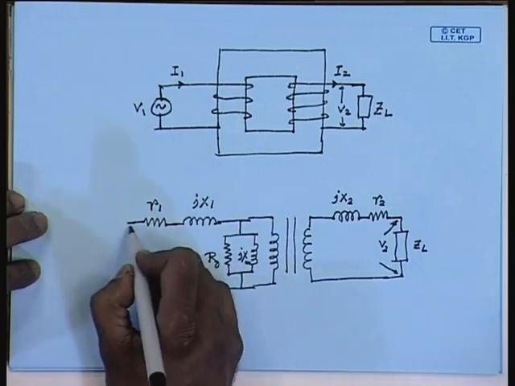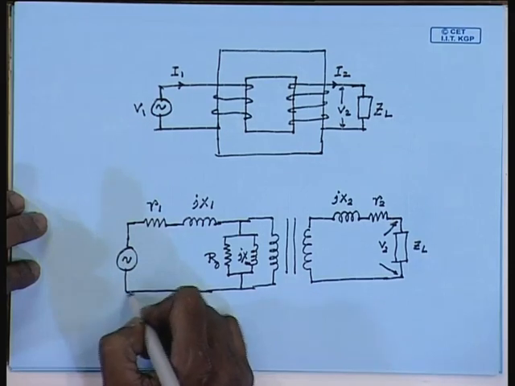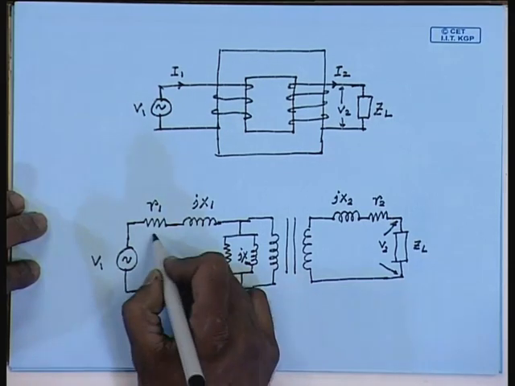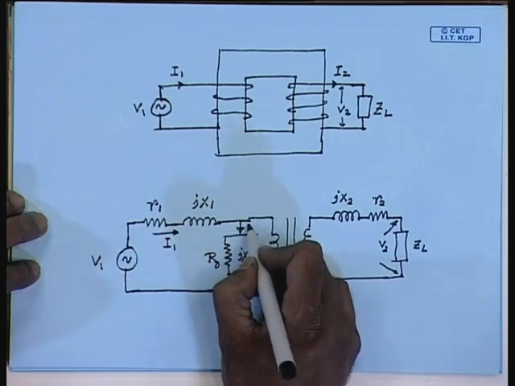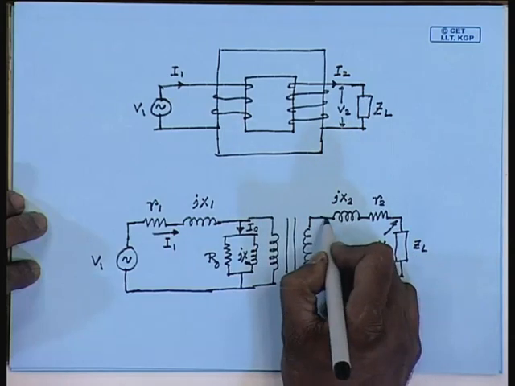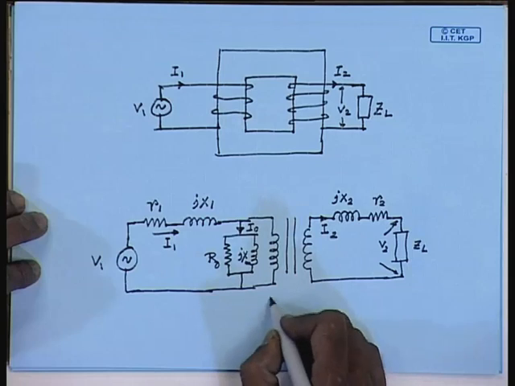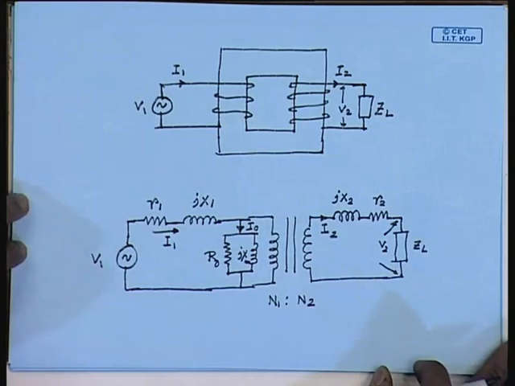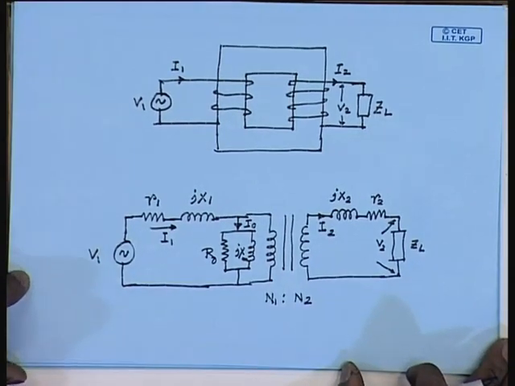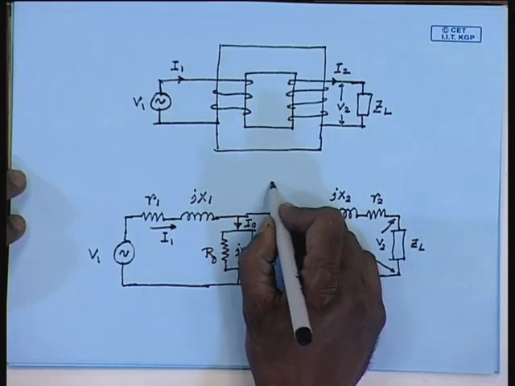So, it is connected to a constant voltage, constant frequency source V1, draws a current I1 from the primary side, the no load current is I0 and sends out a current I2 on the secondary side, the turns ratio being N1 is to N2. This is the model of a practical single phase transformer incorporating an ideal transformer.